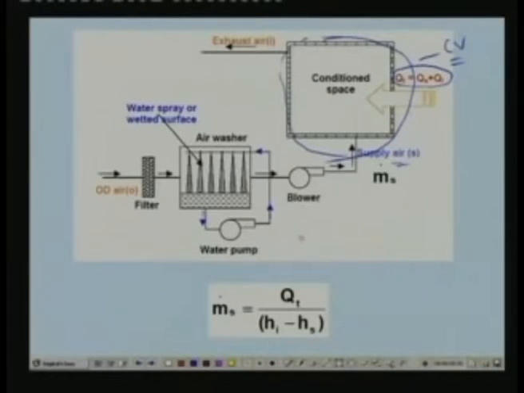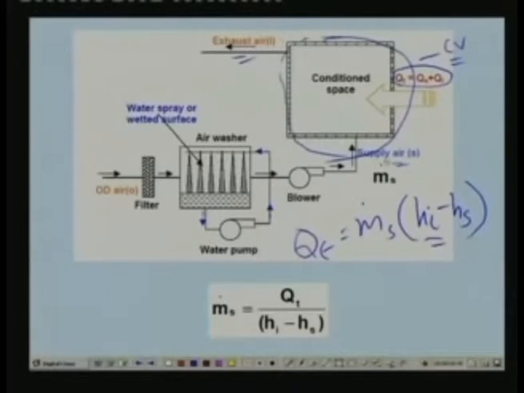Okay, so, energy balance becomes Qt is simply equal to m dot s into Hi minus Hs, where Hi is the exit enthalpy, Hs is the inlet enthalpy. So, this is the energy balance, assuming of course negligible kinetic and potential energy changes for the supply air. So, from this expression you can find out what is the required air flow rate m dot s, which is nothing but Qt divided by Hi minus Hs.